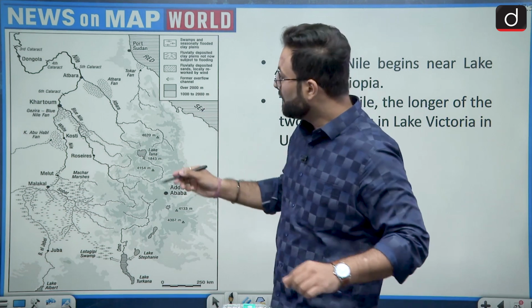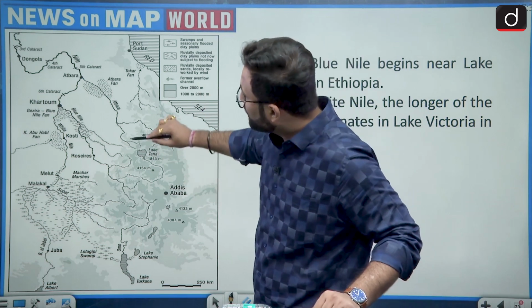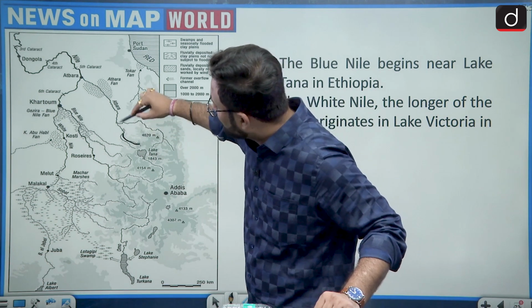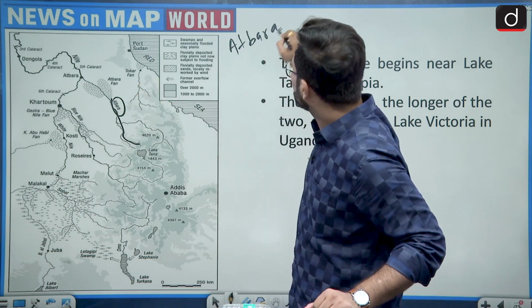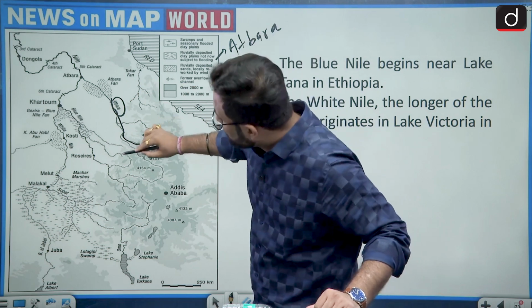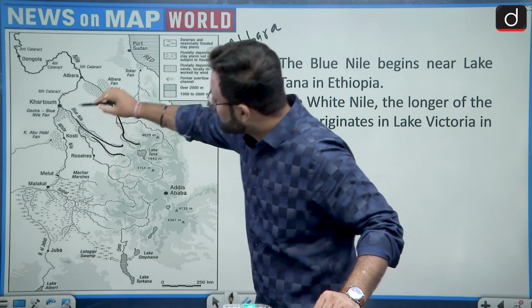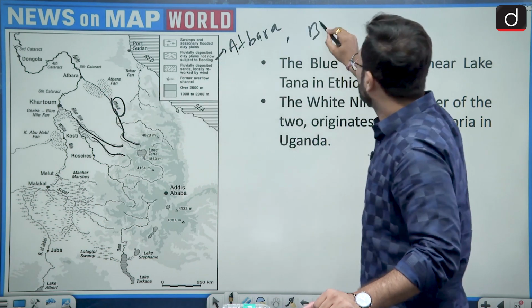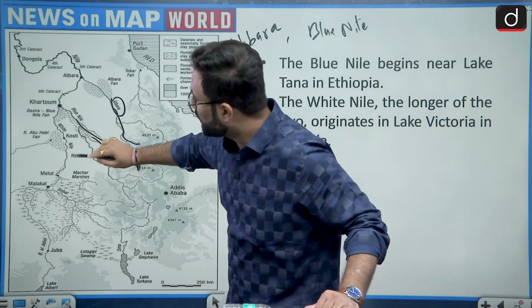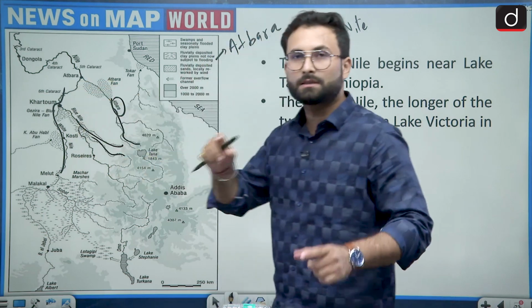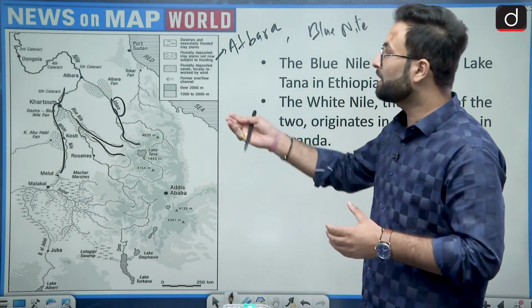Here you can see this is Lake Tana, and from here this stream is called Atbara. Okay, I'll write it down for you, Atbara. So that is one stream. Then here you can see this is the Blue Nile. Okay, so that is the second stream, and then we have this White Nile. So these 3 streams are basically forming this Nile river.